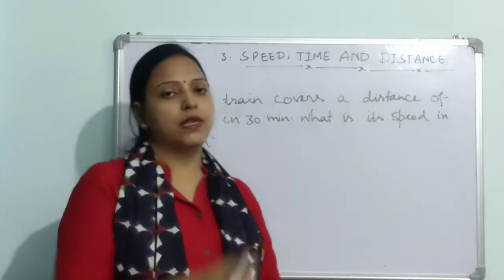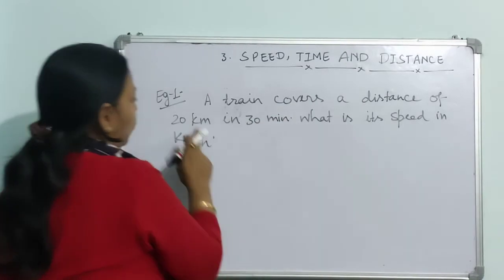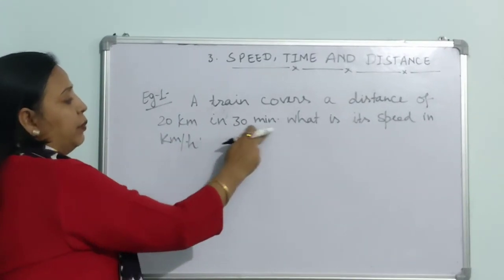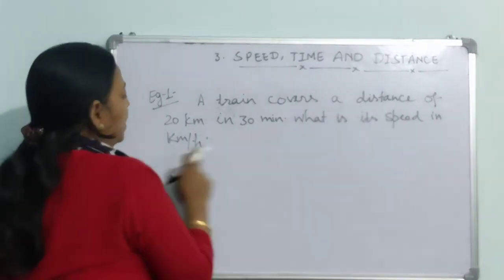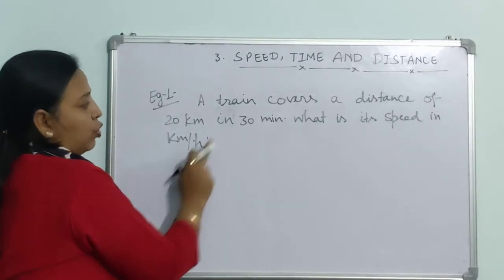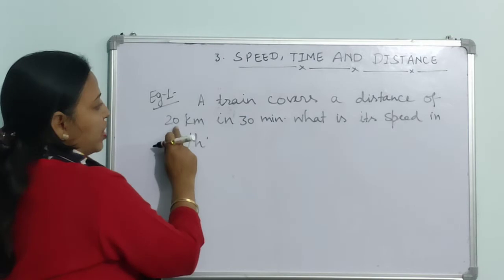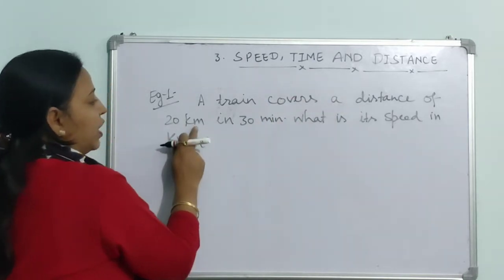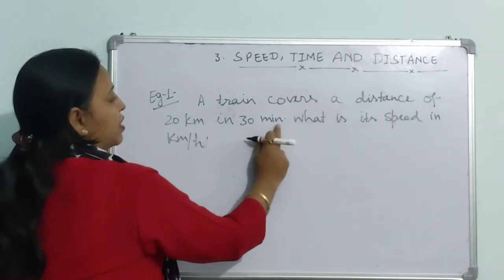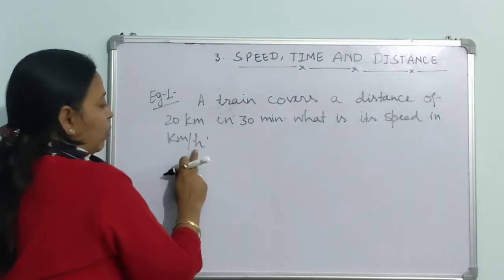Now the first example is a train covers a distance of 20 km in 30 minutes. What is its speed in kilometer per hour? So first you note down what is given in this question. Distance is given, distance is 20 km, time is given, time is 30 minutes, and then you have to calculate the speed.